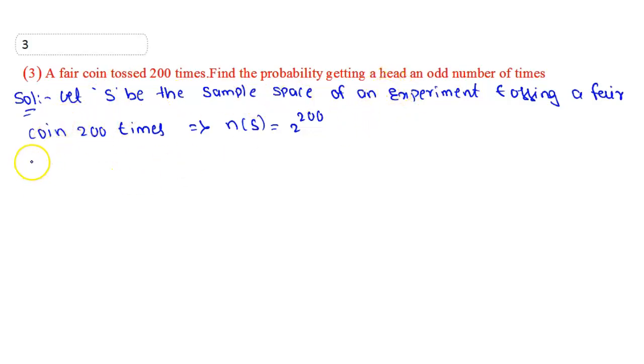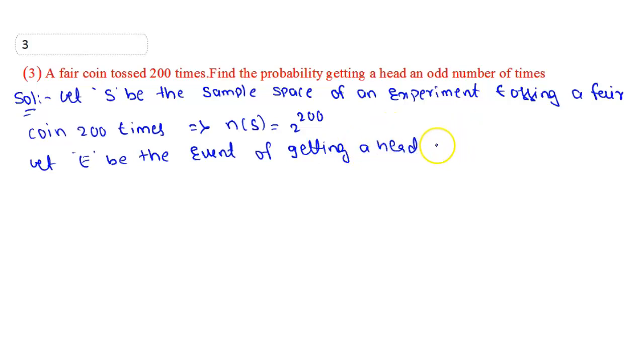So here let E be the event of getting a head an odd number of times.